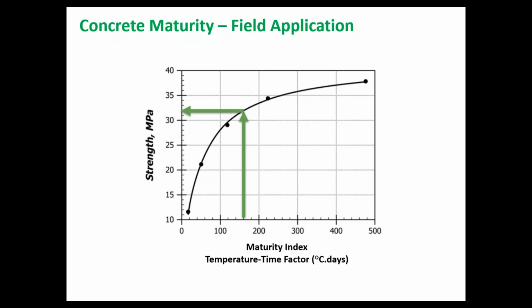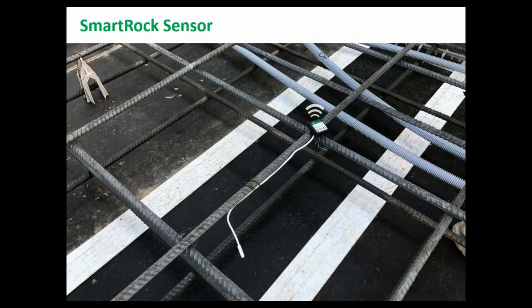You go on this curve, and based on this curve, you can get your strengths. And if you have your equation parameters curve fitted, you don't need the curve. You just put the maturity index in the equation, and you'll get the strengths calculated. So this is basically how maturity is used in the field.